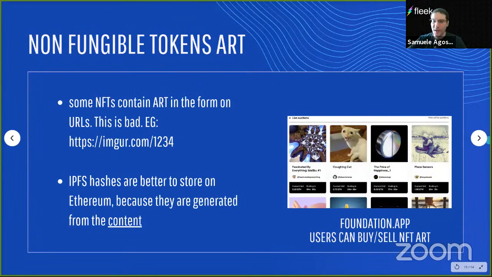Here on this image, if you go on foundation.app, it's an interesting application where users can buy and sell art non-fungible tokens. So it is common for a non-fungible token to have an image or a GIF or something like that attached to it. And this industry is becoming very big.